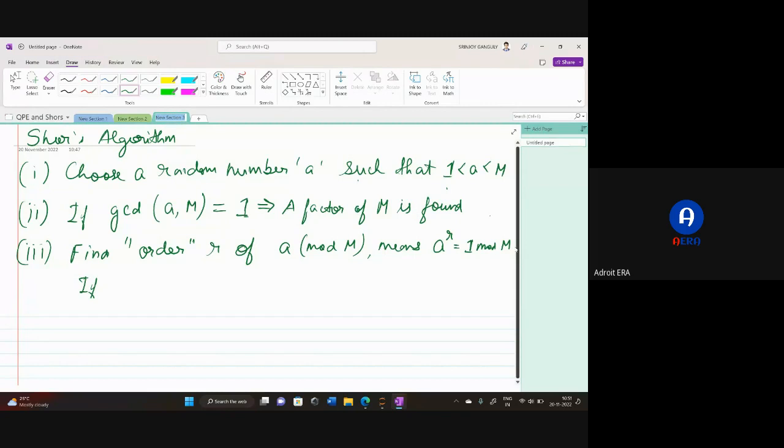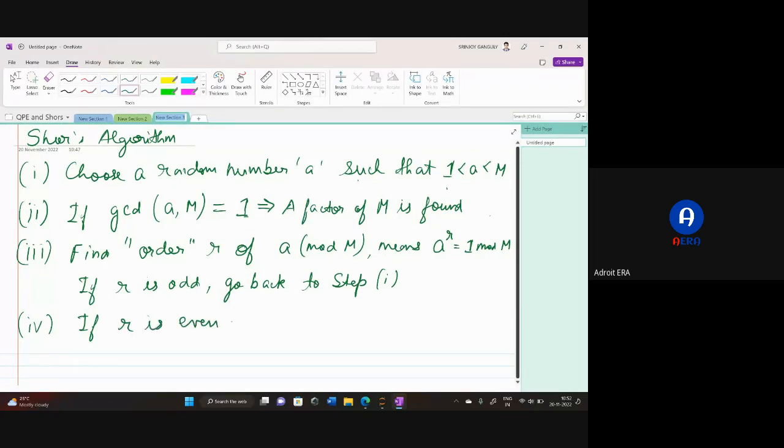So if R is odd, okay, if R is odd, then you have to go back to step 1. But if R is even, then what will happen?